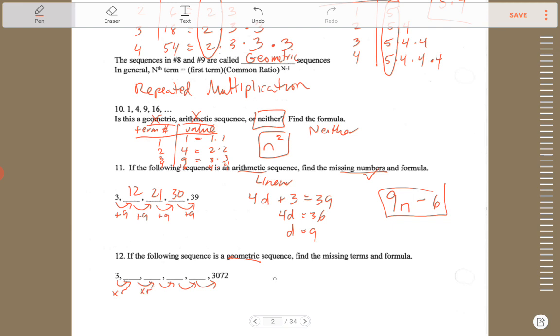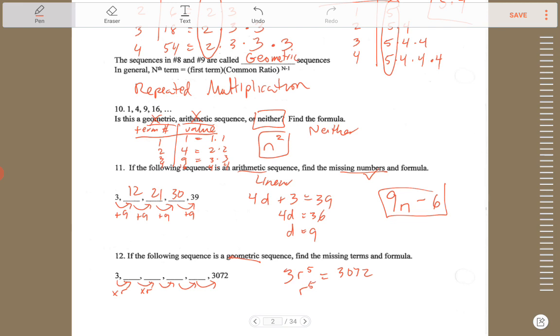Let's call that r. If we multiply r 5 times, r times r times r times r times r, that's r to the 5th power. Multiplied by the 3, it's 3 times r 5 times, equal to the value of 3072.